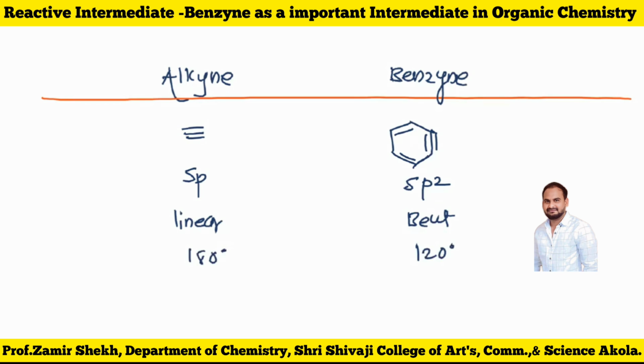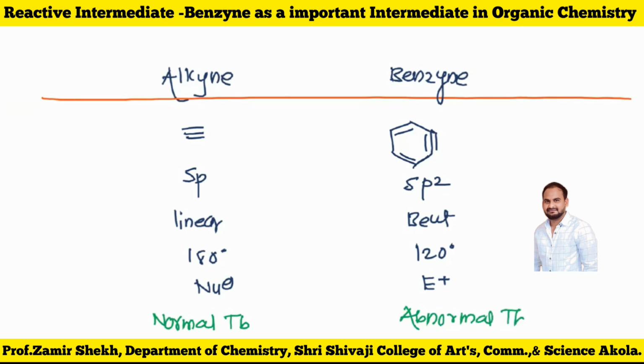The triply bonded alkyne normally behaves with nucleophilic character, but benzyne behaves with electrophilic character. By observing all these factors, this triple bond is called a normal triple bond, but this is called an abnormal triple bond.